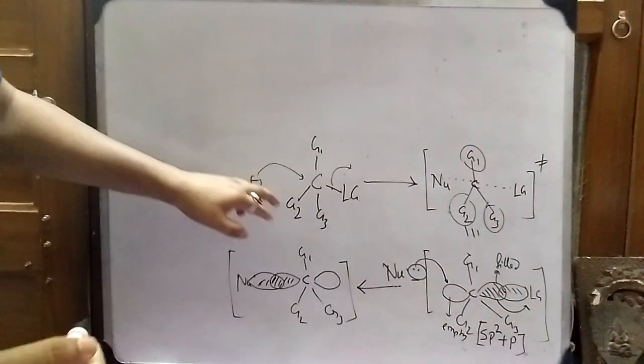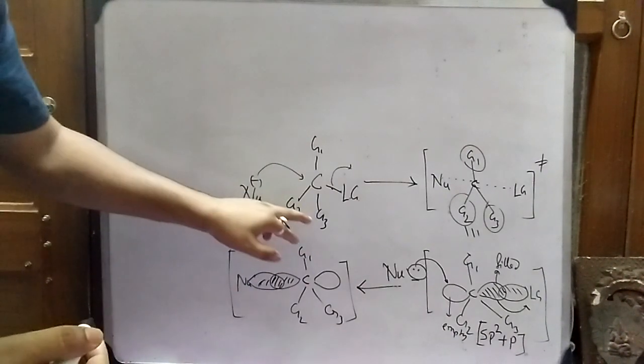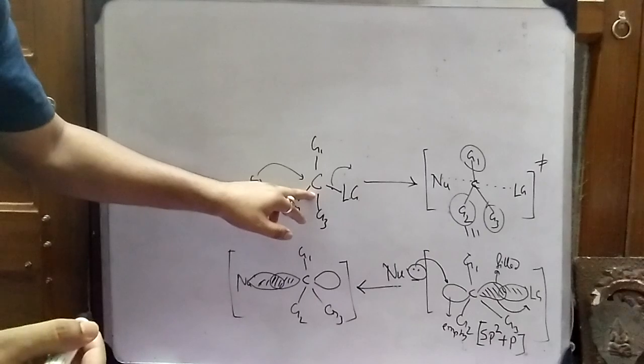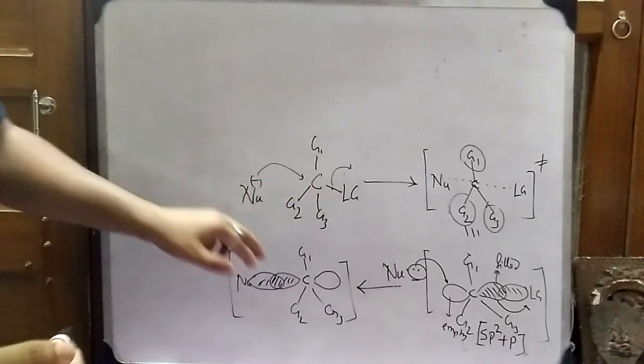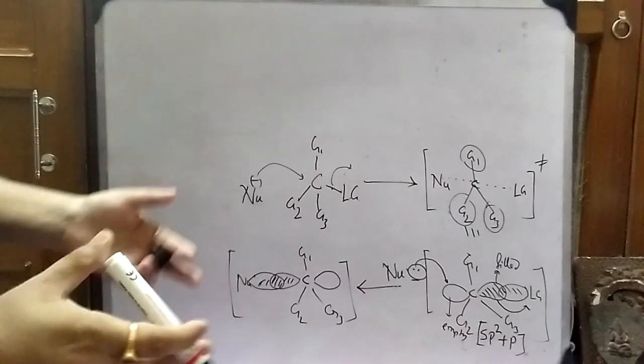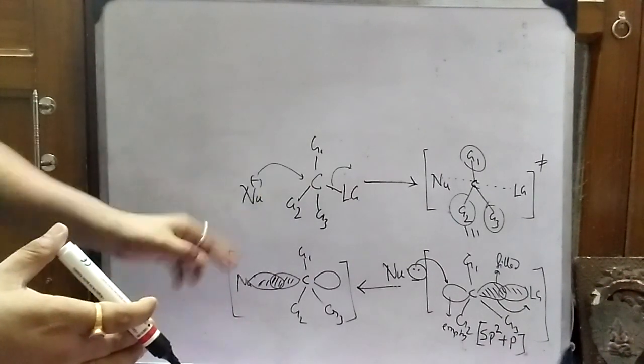So for this reaction, the nucleophile approach to this central carbon is essential. If these groups are highly congested or bulky, it will inhibit the approach of the nucleophile.